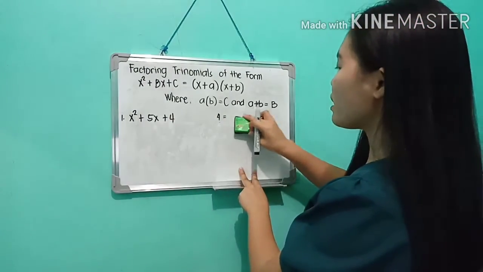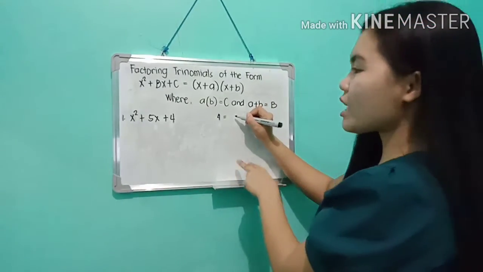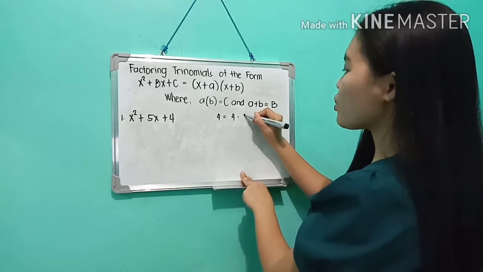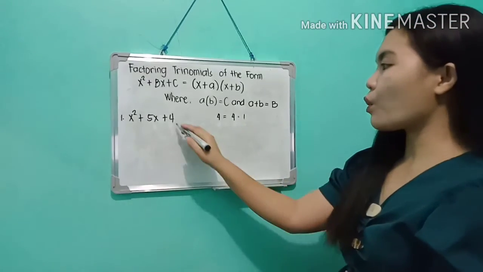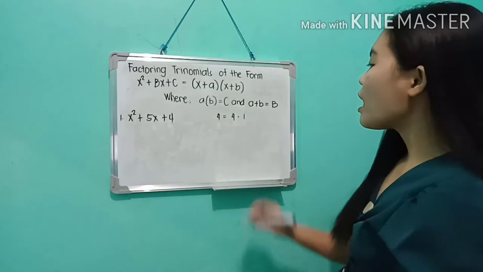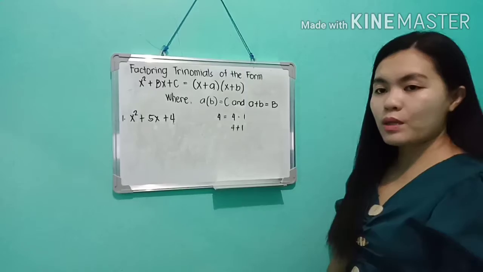So, another factor of 4 is 4 times 1, or 1 times 4. Alright. So, 4 times 1 is equals to 4. So, masatisfy nyo yung 4 natin. If we're going to add, we have 4 plus 1.